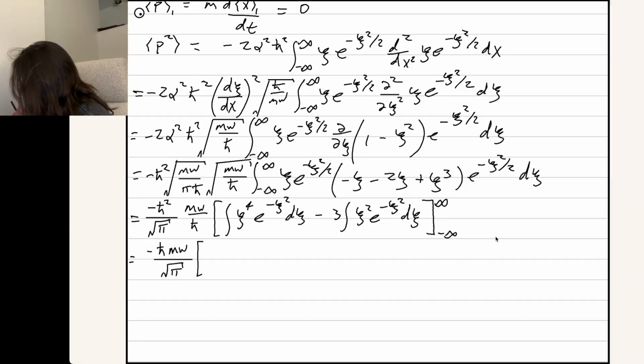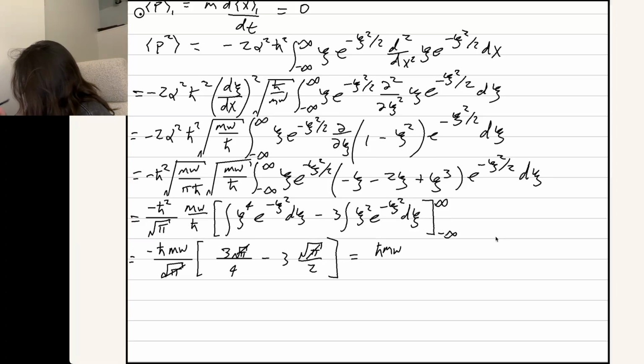Over here, these are both integrals that we've seen before. This is just 3 root pi over 4. We have minus 3, and then that's an integral we've seen before. That's just root pi over 2. Right? So let's kill the root pi's. So you have minus ħmω.